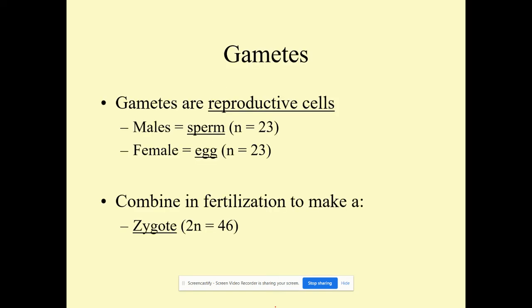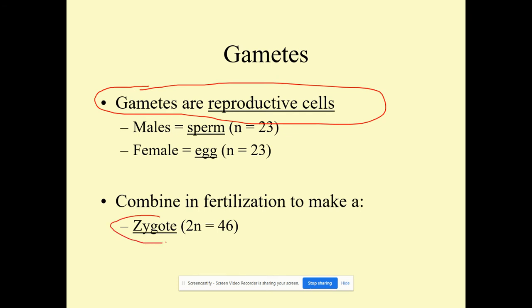Another term, gamete. Know this. A gamete is a term for a reproductive cell, and a zygote is what you call the first cell of a new organism.